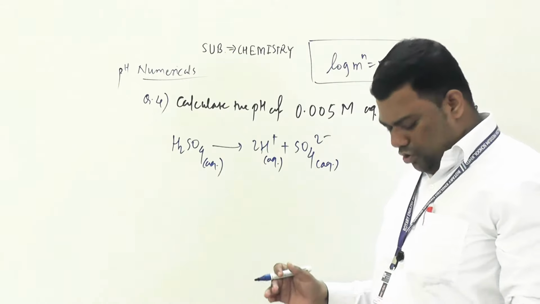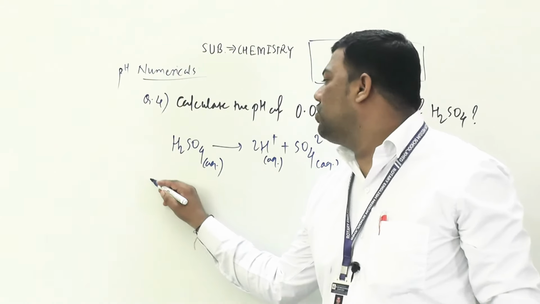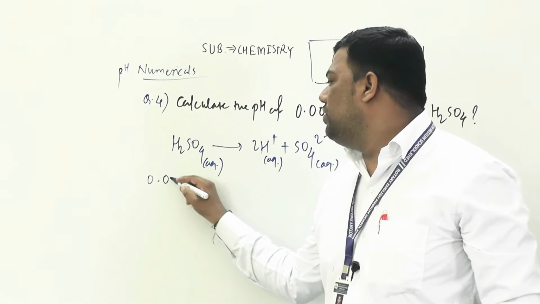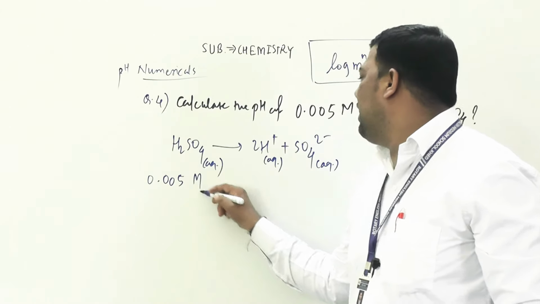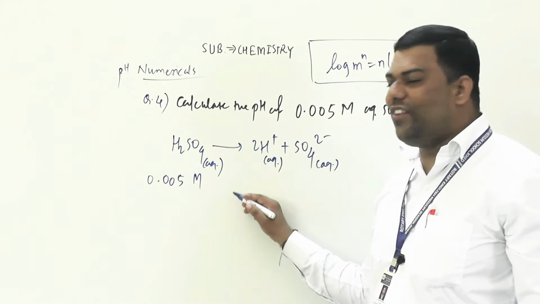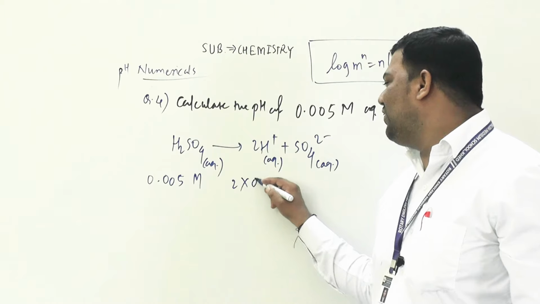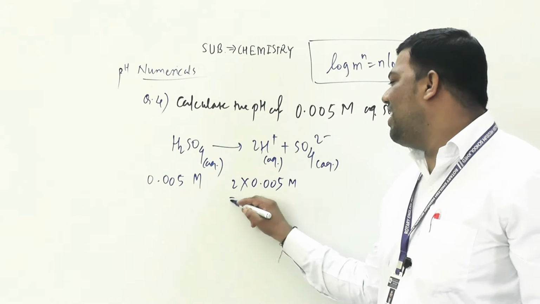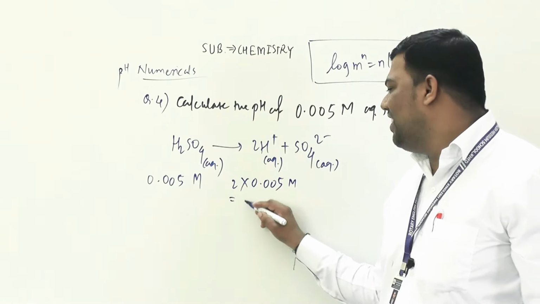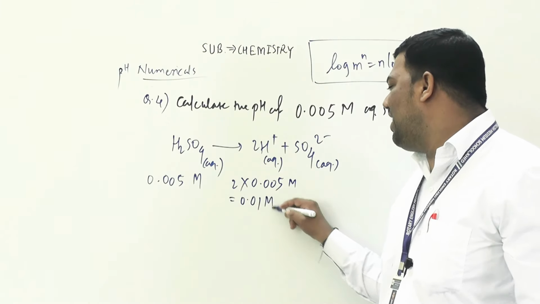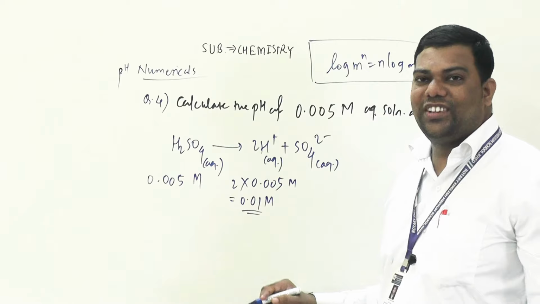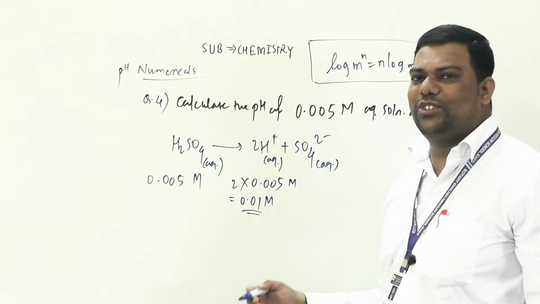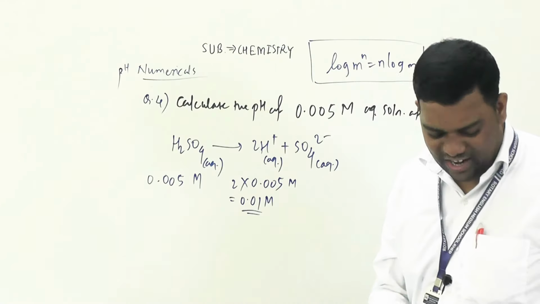The concentration for H2SO4 is 0.005 molar, and here there are 2 H plus, so 2 into 0.005 molar. What will your answer be? 0.01 molar. Understood?